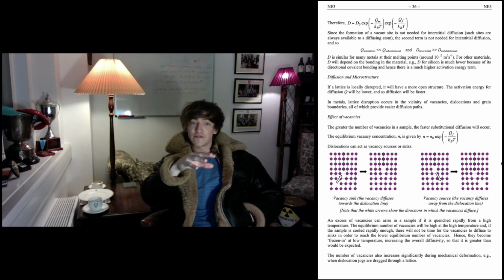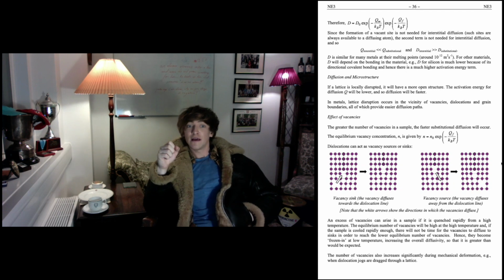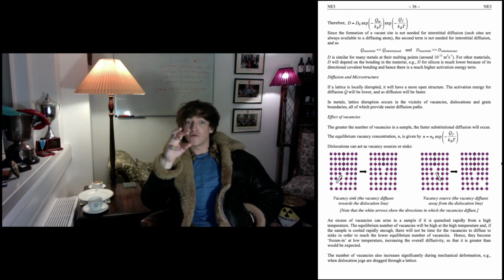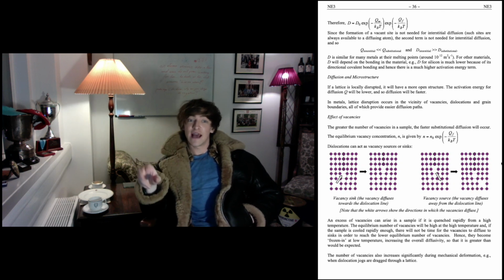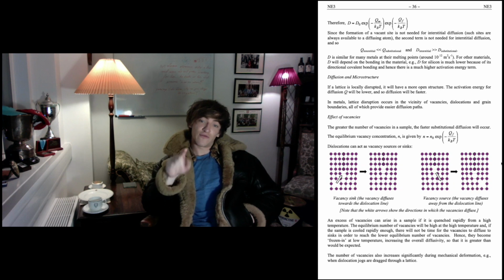So the vacancy diffuses towards it and is absorbed, so it's a sink because it's trapped it, but then it can also emit the vacancy. It can be a vacancy source. So it spits out vacancies, and that's what you see on the figure on the right there, when it behaves as a source. You can see it moving to the bottom right.